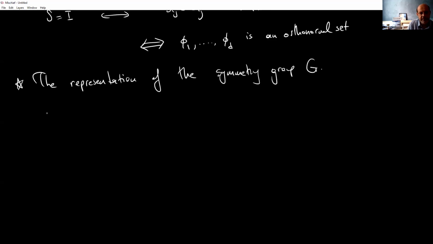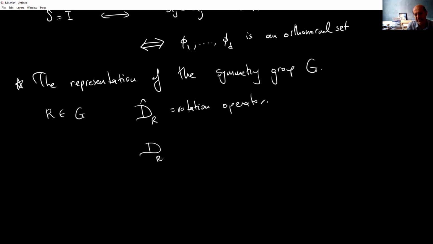Let's just remember this. R is an element of the symmetric group. We have the rotation operator. Let's remember what the rotation operator is.